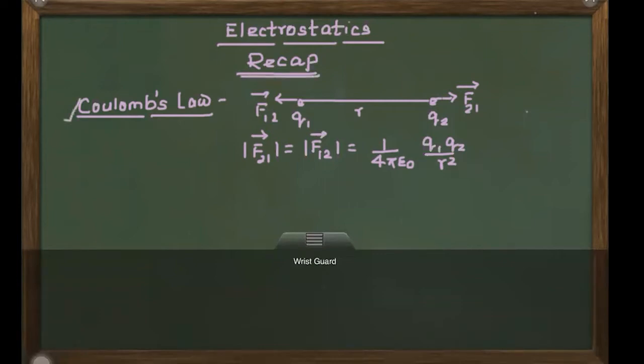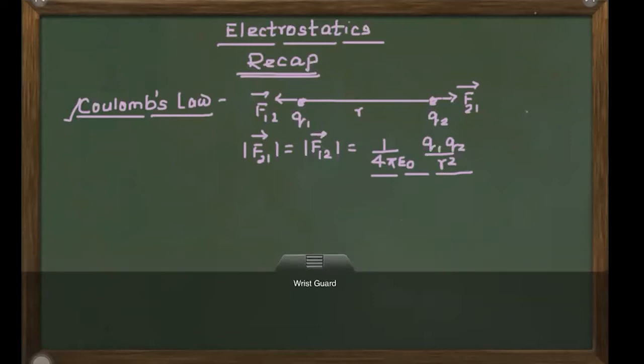According to Coulomb's law, if there are two charges Q1 and Q2, they will feel either the force of attraction or force of repulsion, and the value of the force is equal to 1 upon 4 pi epsilon naught Q1 Q2 upon R square.